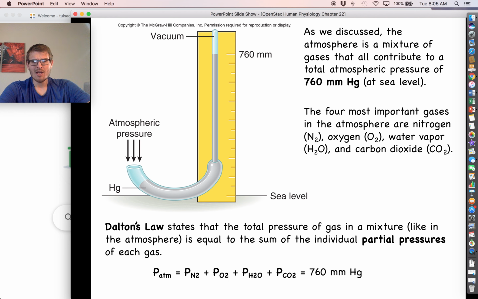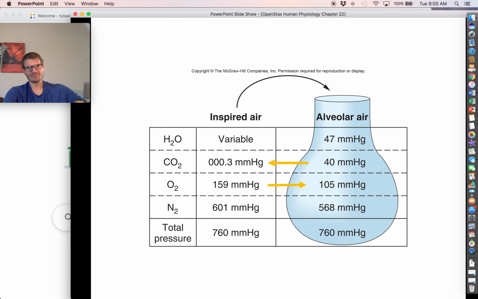So if you wanted to tally this up, the total atmospheric pressure should be equal to the pressure due to nitrogen plus the pressure due to oxygen plus the pressure due to water vapor, which again is going to fluctuate a little bit, and then the pressure due to carbon dioxide. So we're ignoring things like argon and radon, things that we know are in the atmosphere. If you look at this inspired air, you can see that the total pressure again is 760. Nitrogen is about 80% of that, so about 600 millimeters mercury.